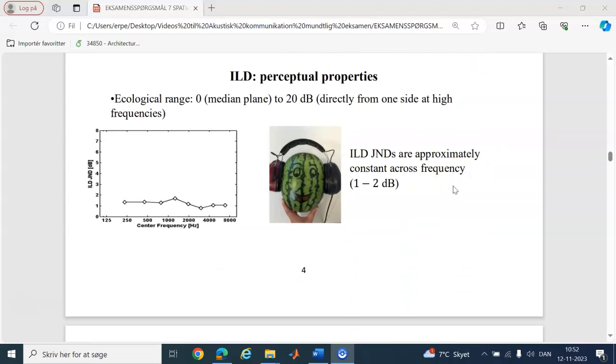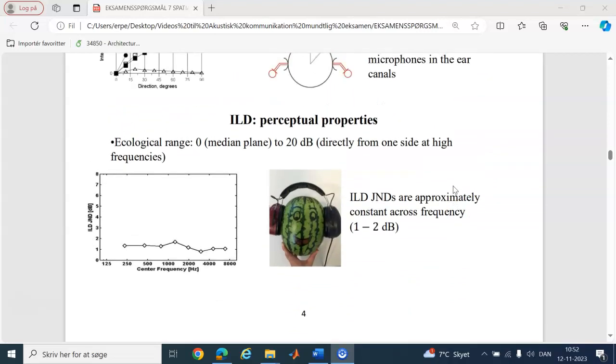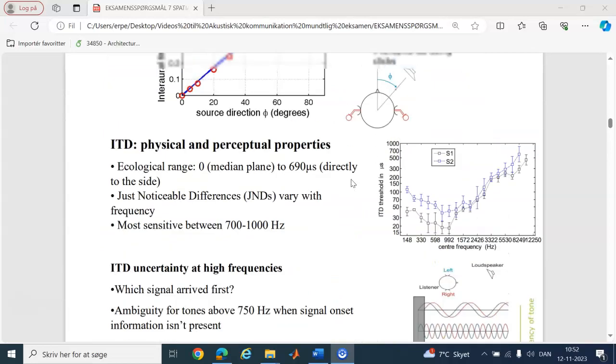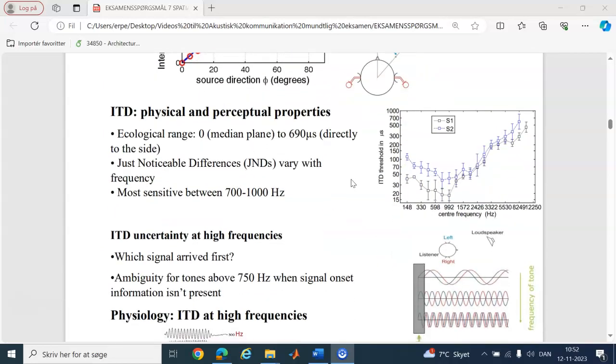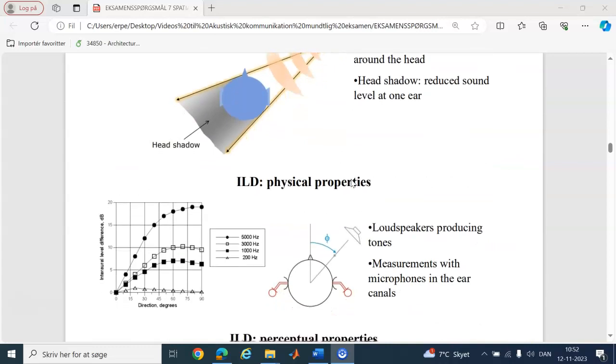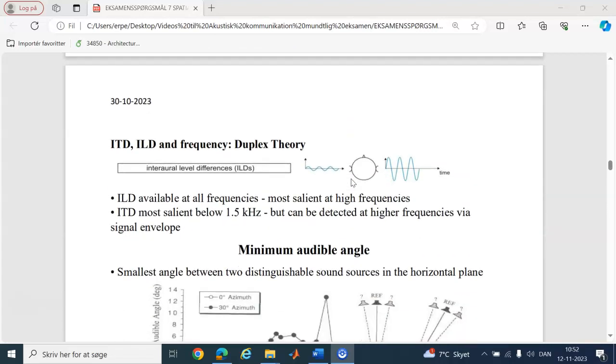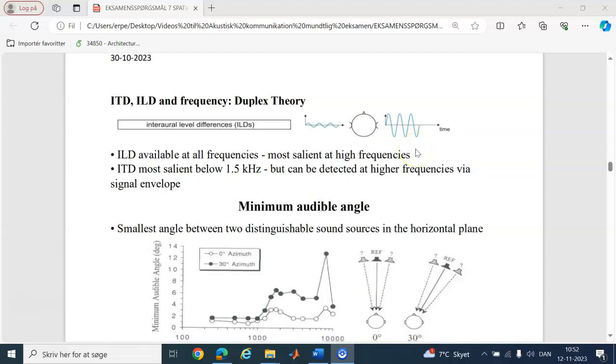ILD JNDs are approximately constant across frequency, at 1 to 2 dB. The smallest just noticeable difference is about 1 to 2 dB. ITD and ILD across frequency is called duplex theory.